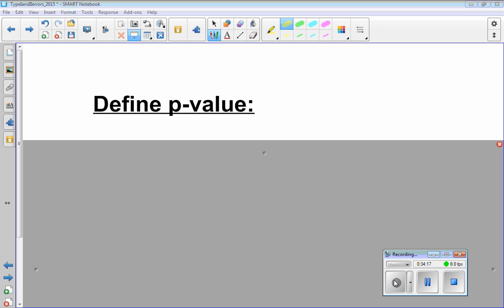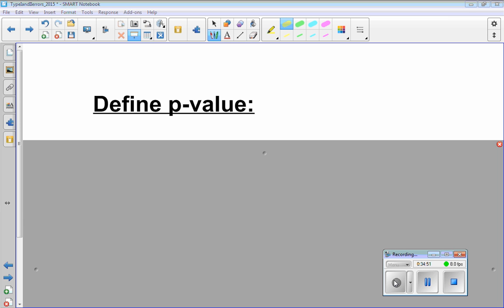All right, so we've already decided what a p-value is, but I'm going to bring it back up, because what we're going to talk about for the rest of class is what are called type 1 and type 2 errors. Whenever you collect a sample, we know that there can be errors in the way that we collect them. And the p-value that we get can help us in determining some of those errors. So let's just remind ourselves.